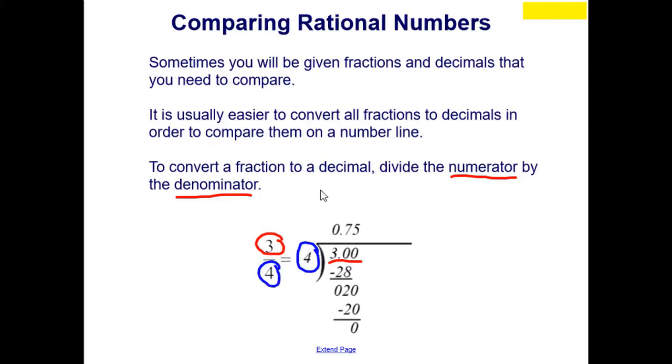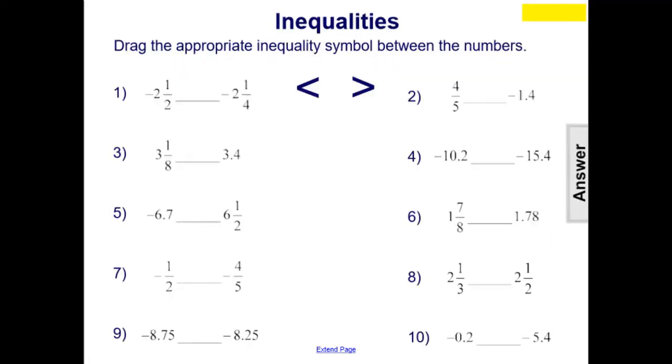If we do our long division until we get a remainder of 0, we can see the decimal equivalent is 0.75. So 3/4 equals the decimal 0.75. In order to compare numbers, let's make sure we see them in decimal form.